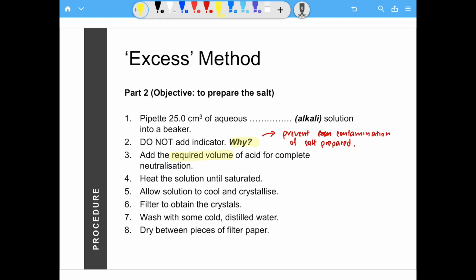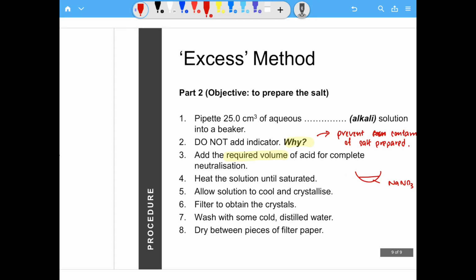For the solution that we have obtained, we will then perform a crystallization to separate our sodium nitrate from the solution. The rest of the steps are exactly the same as for the excess method, and that is for the titration method.